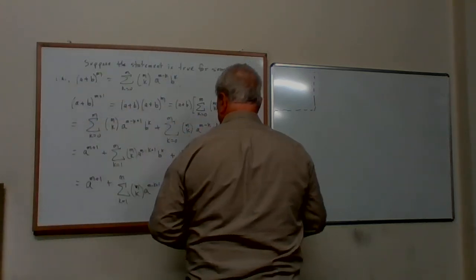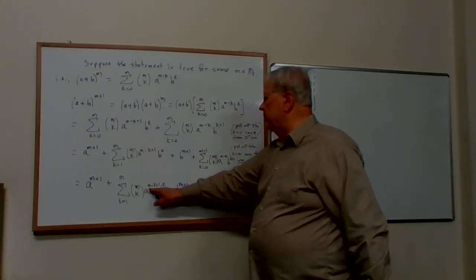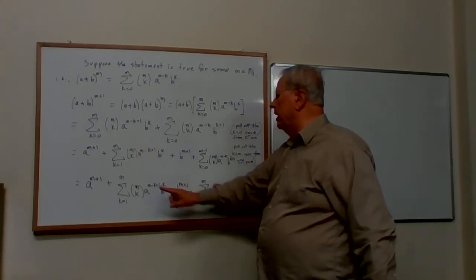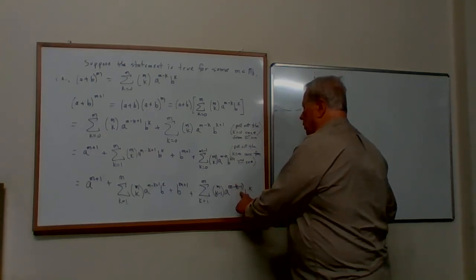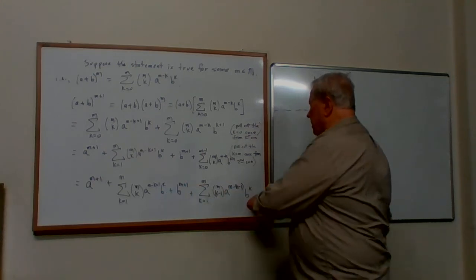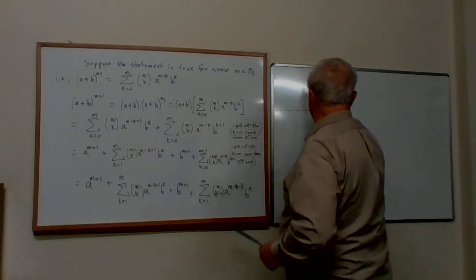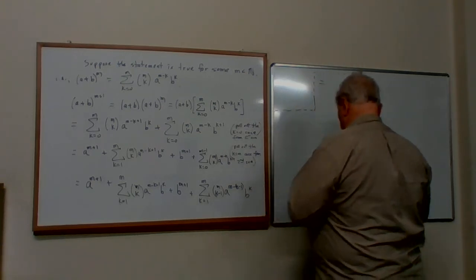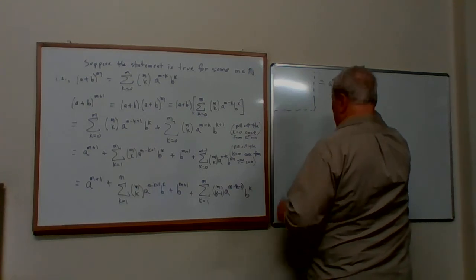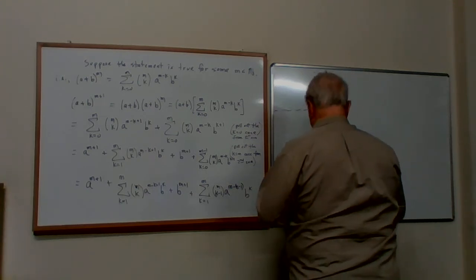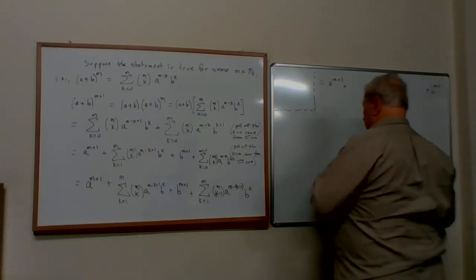Now notice that this is a to the m minus k plus 1, and this is a to the m minus k plus 1, b to the k, b to the k, so those are the same. So this is equal to, and I still have a to the m plus 1 outside, plus, and by the way, at the tail end, it's going to be plus b to the m plus 1, so I don't forget to put that one in.